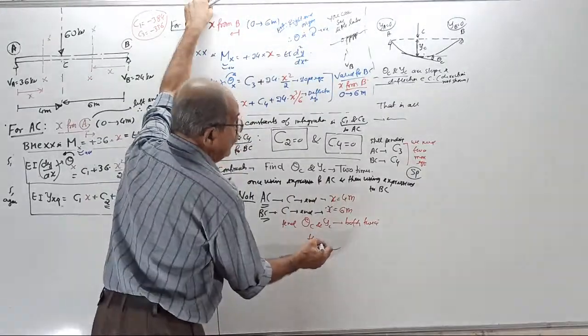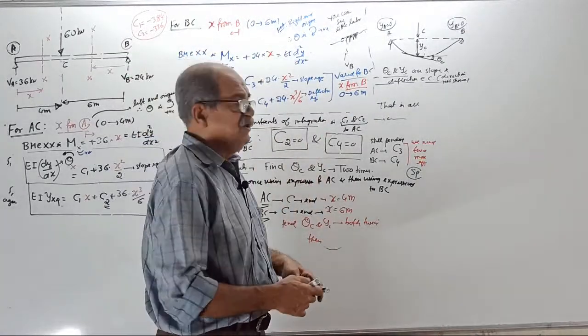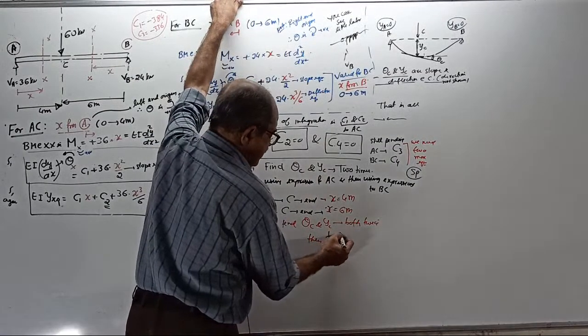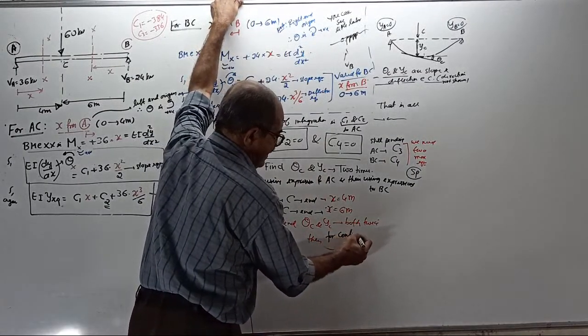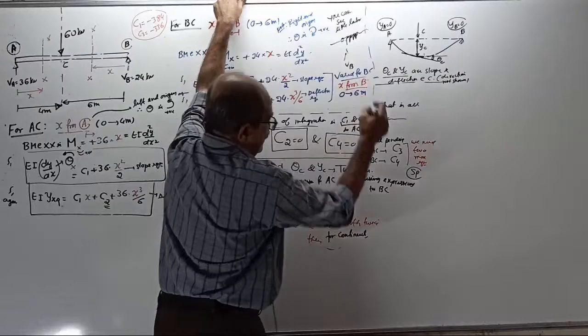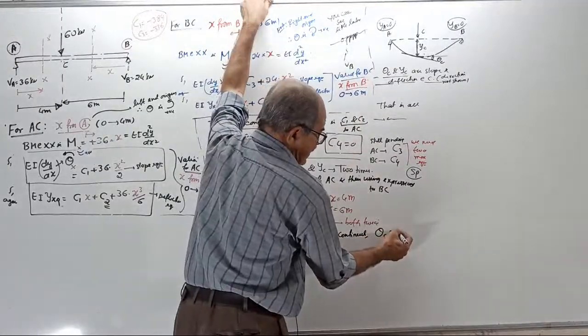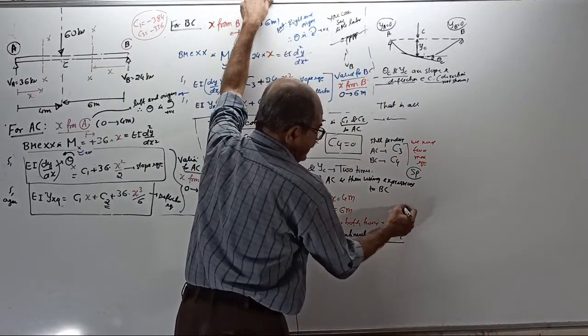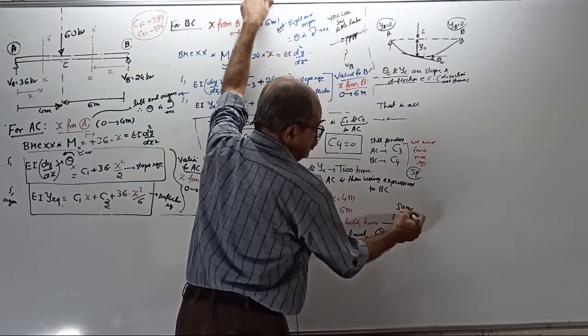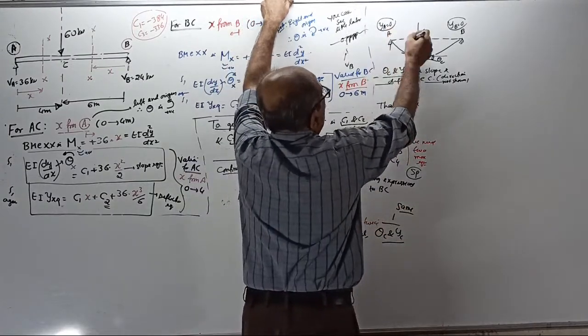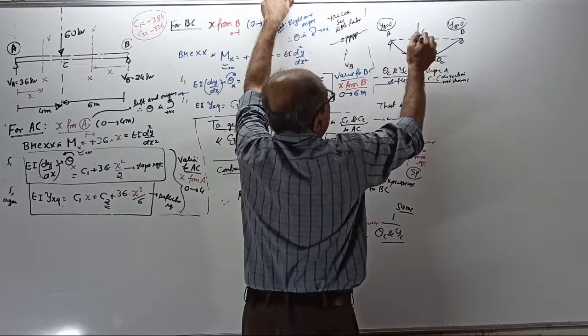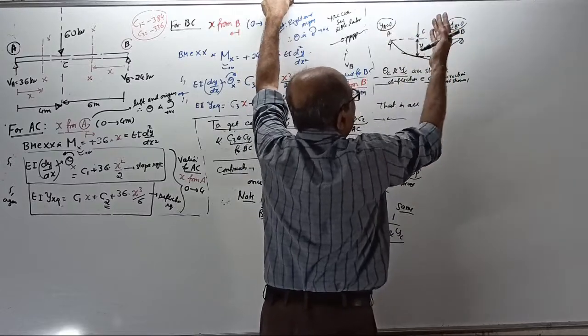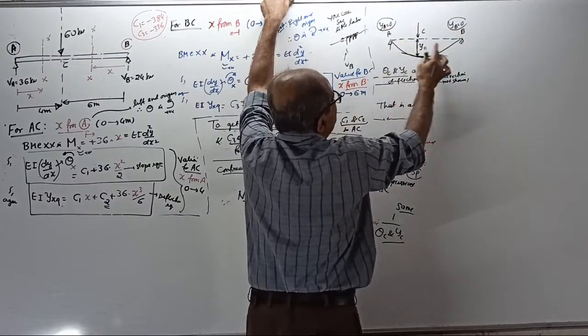Then for continuity, theta C and yc should be the same for both. See here, this is the deflection at C. Whether you see the elastic curve here, it hardly matters where you take x from.